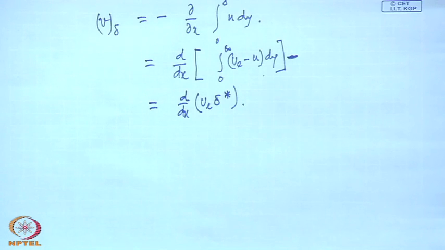Our original inviscid flow boundary condition was a zero normal flow, V is 0 on the wall, U is anything. Now, what have we got? U is still anything, but for V we have got something which is related to the boundary layer. So, in other words, the effect of the boundary layer is to modify the normal boundary condition.